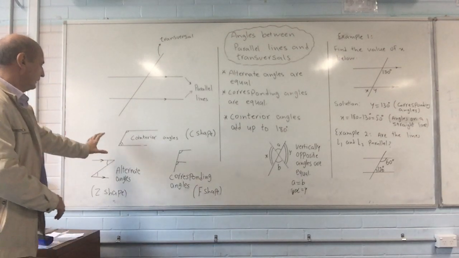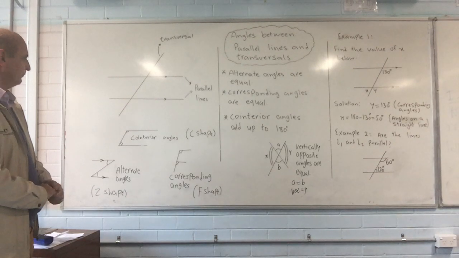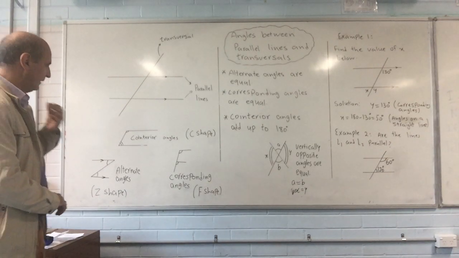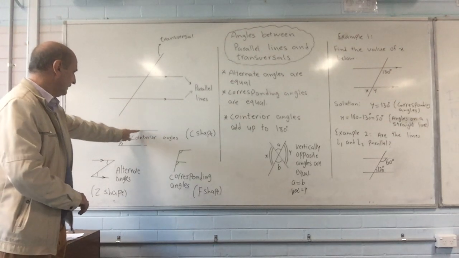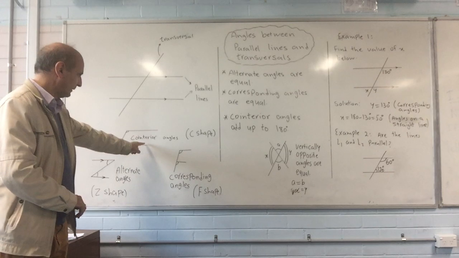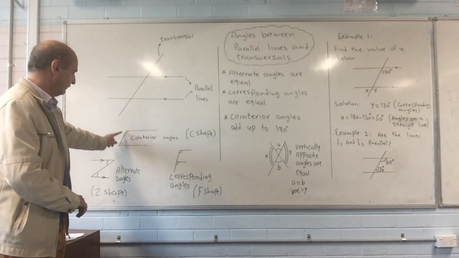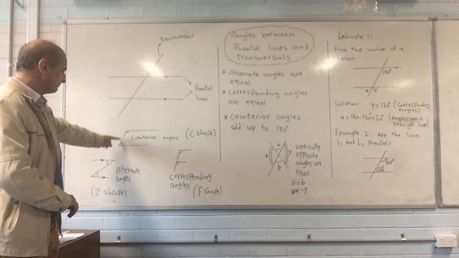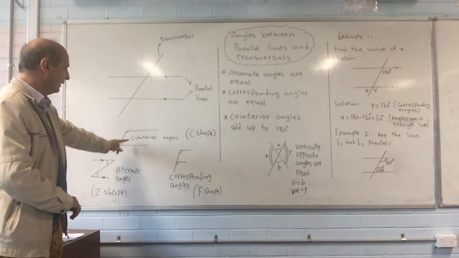We have some terminology and some concepts here to consider. If you take this bit of the parallel lines, this is one parallel line, and this is the other parallel line, and this is the transversal.